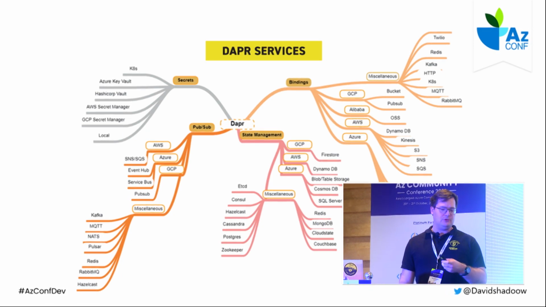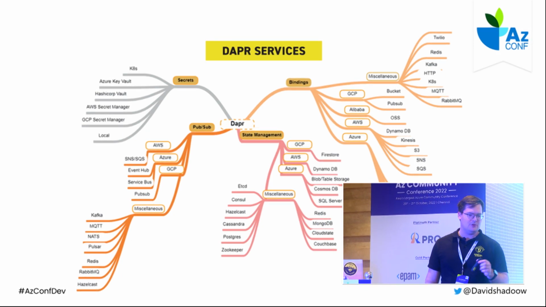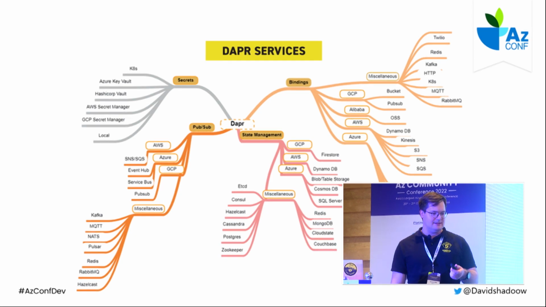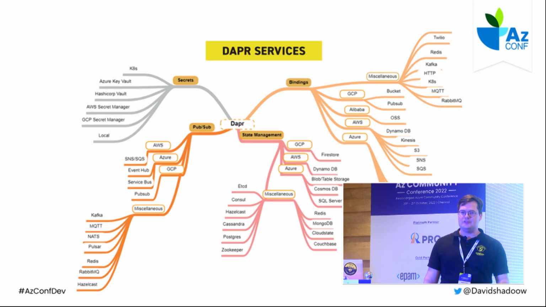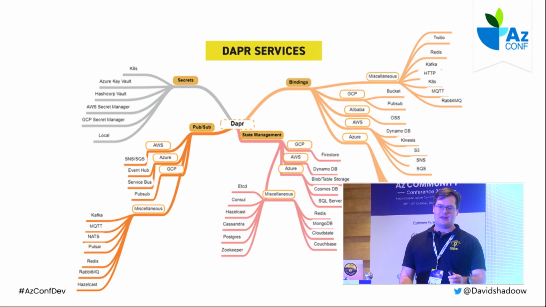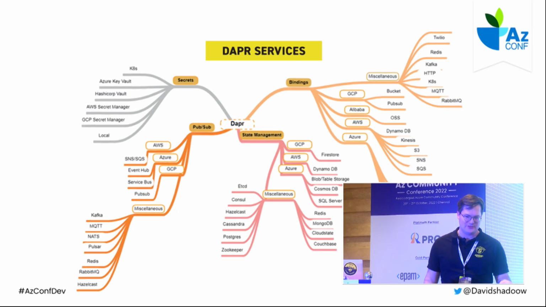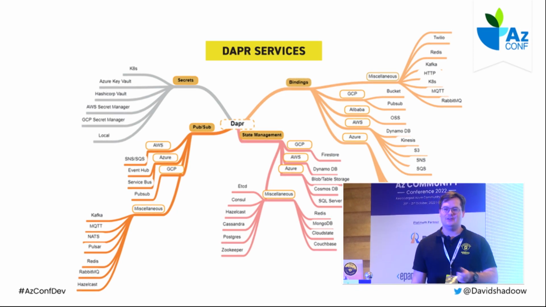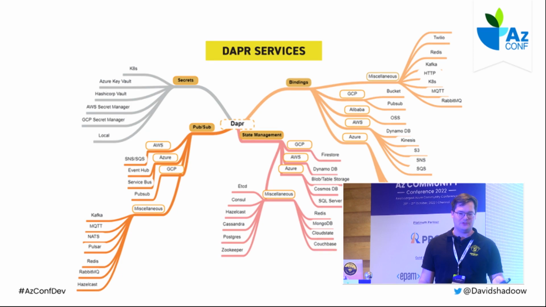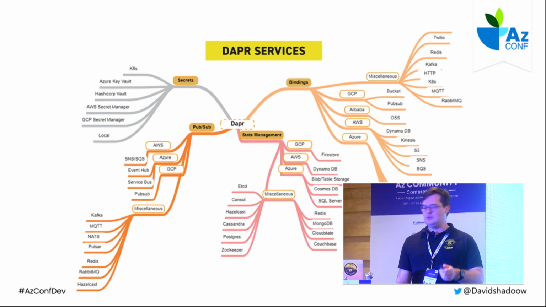You can also use self-hosted RabbitMQ, Redis, Kafka, MQTT. So basically, any technology you would use in a modern day microservices application is available as a component out of the box. And if it's not, you can develop your own component for a service that you would want to use.